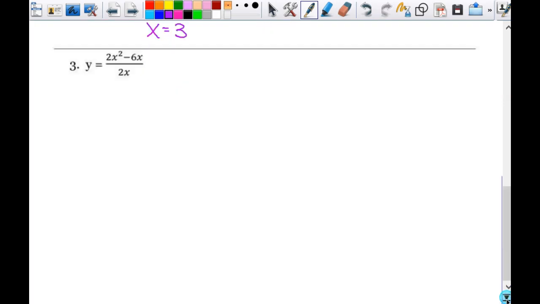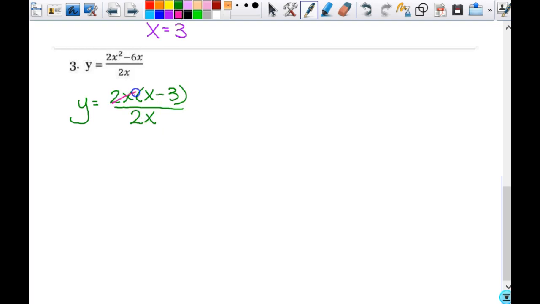Number 3. Is this one pretty easy to factor? Yeah. So in the numerator, what do I factor out? 2x. And that leaves me with x minus 3. In the denominator, I have 2x. So this one has a point discontinuity as well, right?